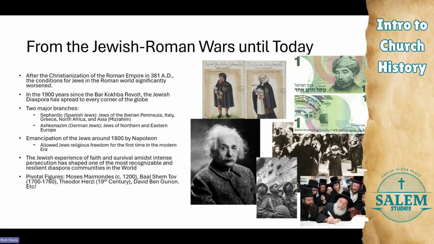They're divided today into 2 major branches: Sephardic Jews, Sepharad, or Sfarad, which is Spain in Hebrew. And so these are Jews of the Spanish Rite. So Jews originating from Spain and Portugal, as well as other places in Southern Europe, like Italy and Greece, as well as North Africa and Asia.